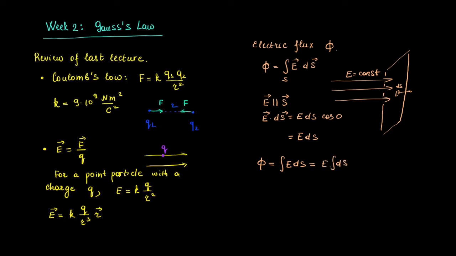The integral of dS gives the total area, and we find that flux is equal to E multiplied by S.